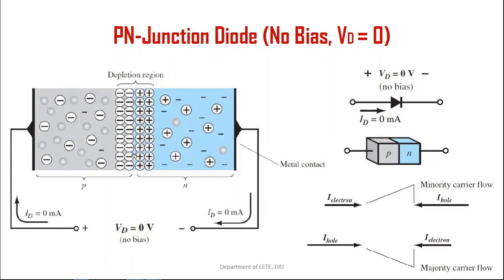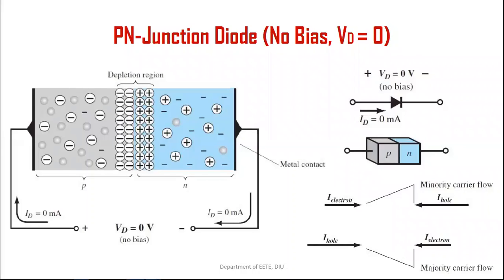In this condition, when there is no voltage available, you see that at first, from the N region and the P region, the majority carrier, the negative electron, moves from N to P. The electron moves from N to P, so it creates a current that is known as diffusion current.